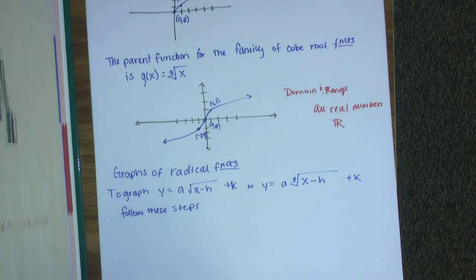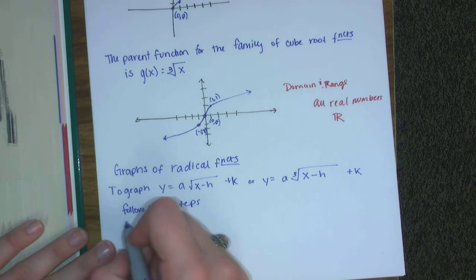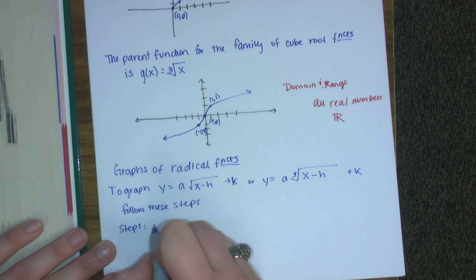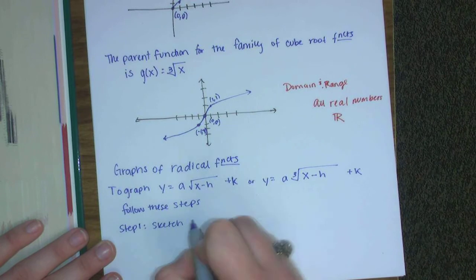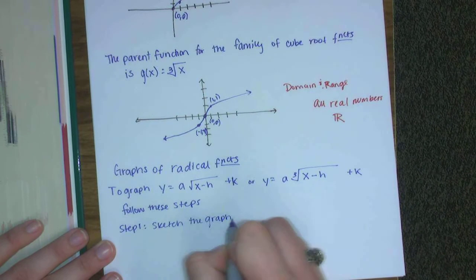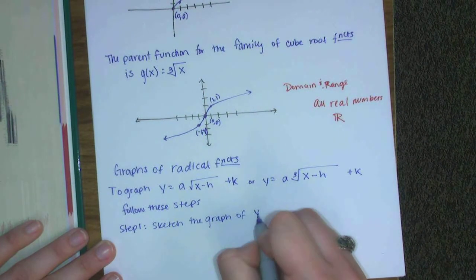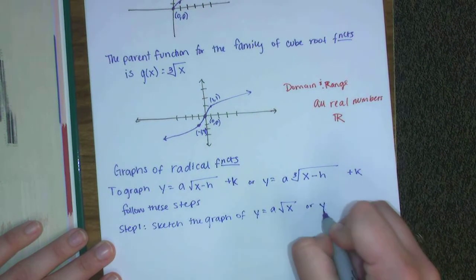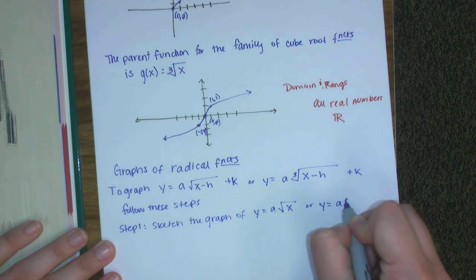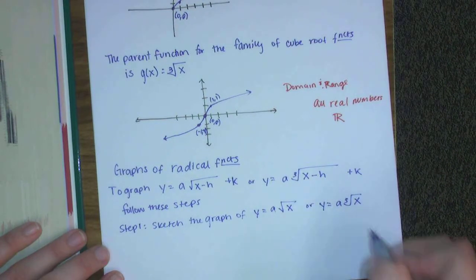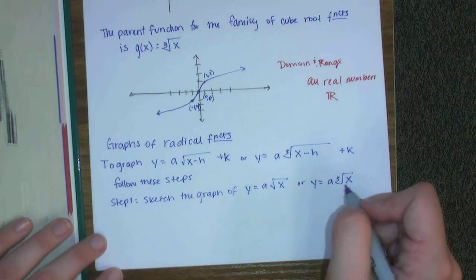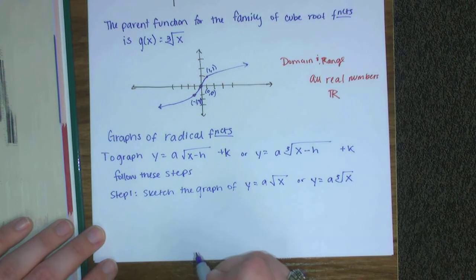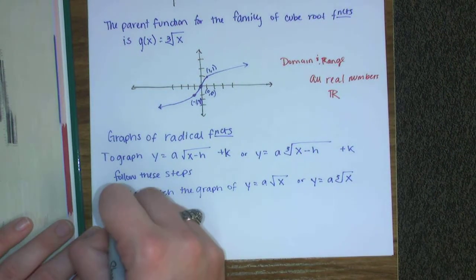So first, for step 1, we want to sketch the graph of y is equal to a times the square root of x, or y is equal to a times the cube root of x. So we want to do the parent functions first, being multiplied by a. And lastly, sorry, this marker's kind of dying.